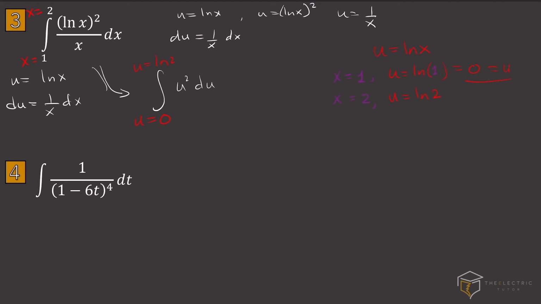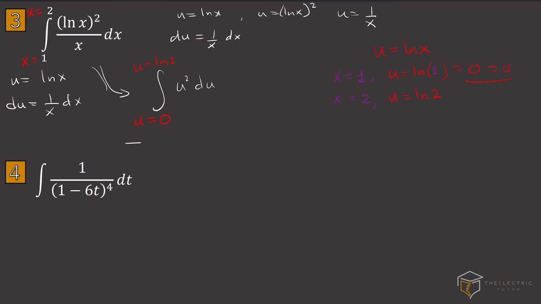And I would get the same result. How interesting is that? But if I just move everything to the u world, I can just plug in the values, integrate, and I'll get the result. So that's even easier. I always want to go with the easiest route, so that's what I'm going to do.